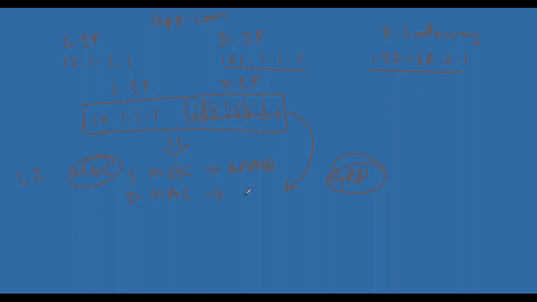So your source system will initiate an ARP request, asking who has this IP address. When my default gateway or the router receives the ARP request, it sends back a response saying that this IP address is at, let's say, this MAC address. So now my packet being formed at layer 2 will be something like this.